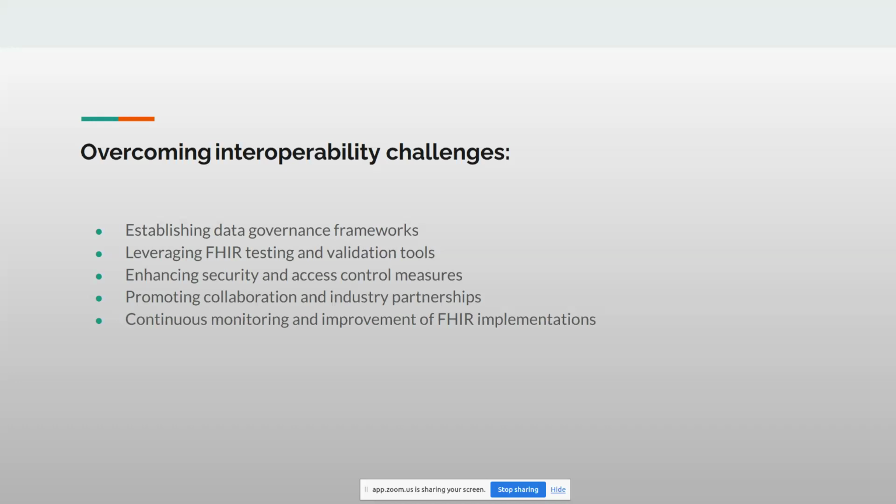And the third point is continuous monitoring and improvement of FHIR implementation. This basically means that there is a continuing level of improvement ongoing in FHIR. As of now, there are multiple versions of FHIR. There was the STU2 version, there is the DSTU2 version, there is R3, R4, and R5. So the latest are the R versions.